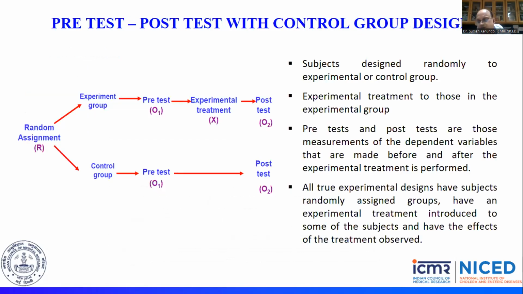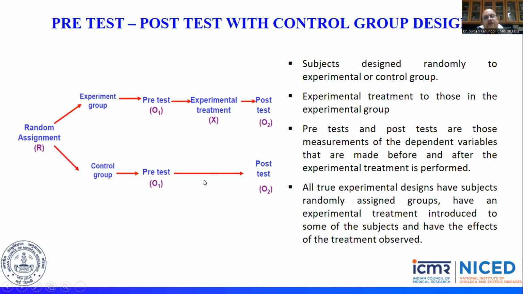There is another study method called the pre-test and post-test with control group design. What is that? We randomly assign participants to the experimental group or the control group. In the pre-test, O1 is the baseline for both groups. Then we provide the experimental treatment, which is X, and we get a result.